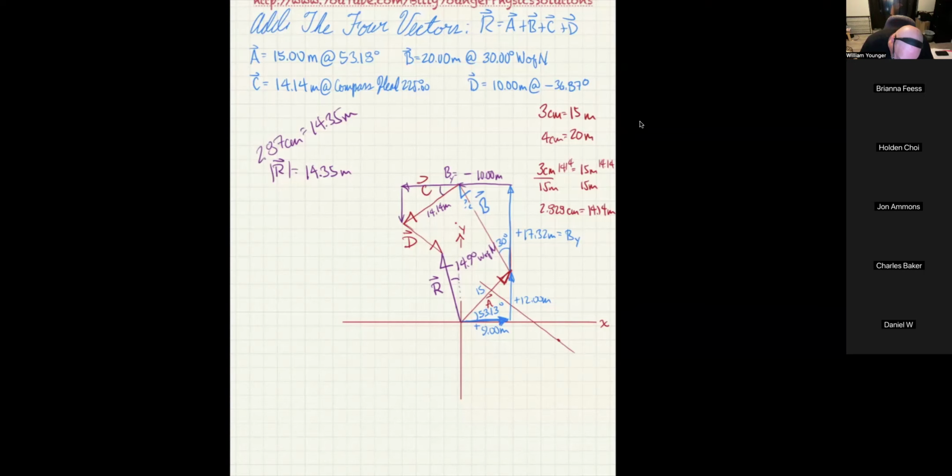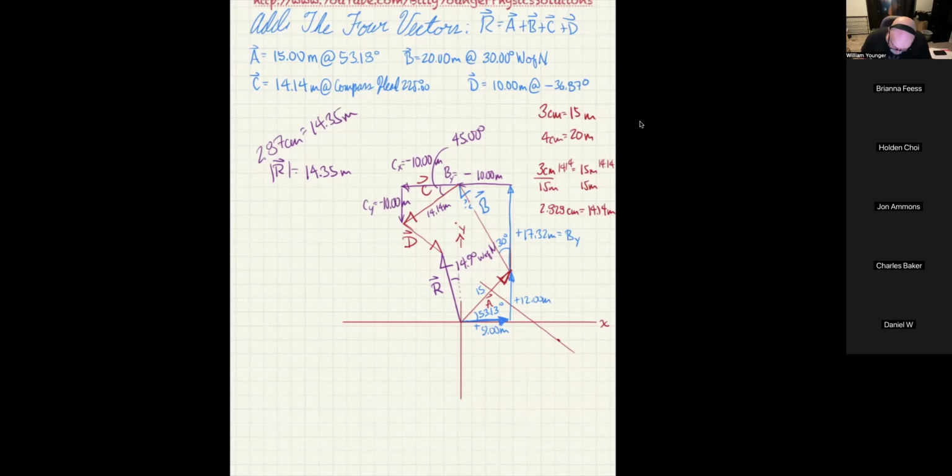I swear it doesn't look like 45 degrees, but I'm going to have to pretend like I trust it. But anyways, this one would be C sub x equal to negative 10.00 meters, and C sub y equal to negative 10.00 meters. That's the y component there.